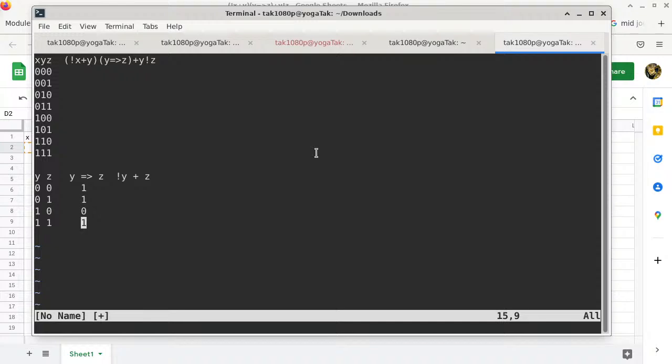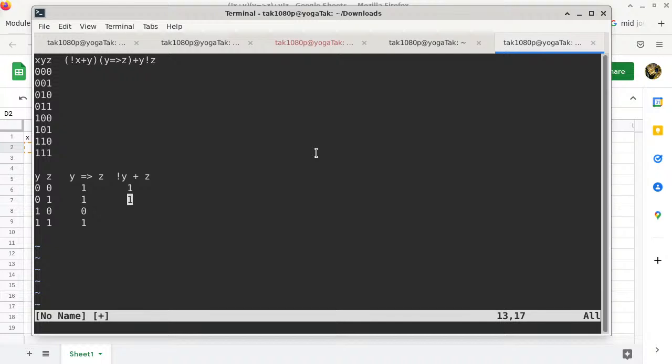So now we look at the fourth column, and we ask, what if y is false and then z is also false? If y is false, not y is true. If one side of a disjunction is true, then the whole thing has to be true. So not only have I answered the question for the first row, but I have also just answered the question for the second row.